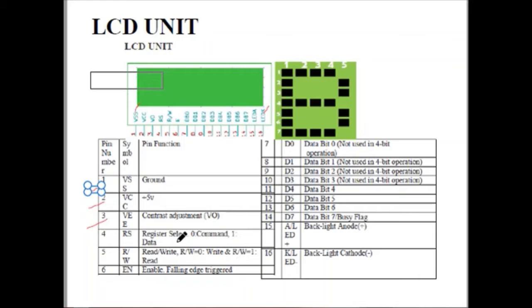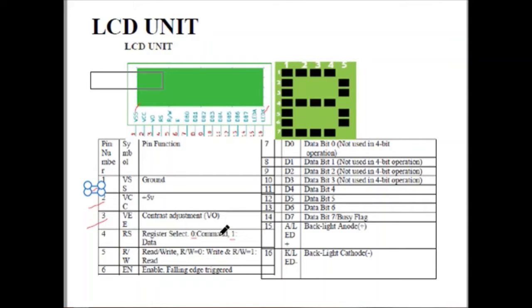Then we have the register select. We will see these functionalities in the next slide. Register select is used to use the LCD in two ways. By giving a proper value, either 0 or 1, we can send commands, meaning what kind of operation you want from the LCD can be sent through the command lines.